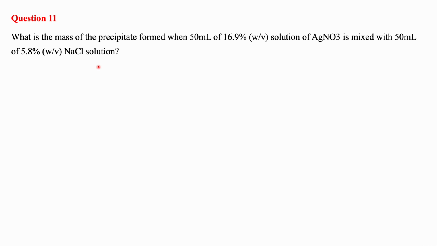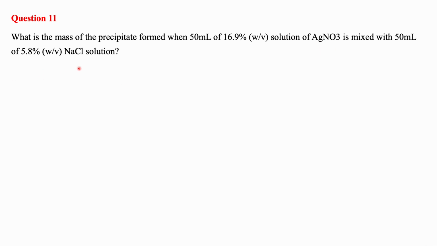So here another thing that we need to understand is that here we have 16.9% weight per volume. That means we have 16.9 gram per 100 milliliter of volume. Then if we multiply by the volume of the solution, we can get the mass of the silver nitrate.